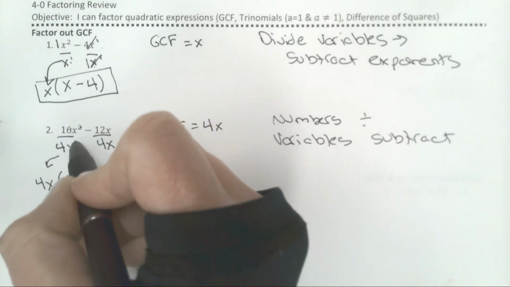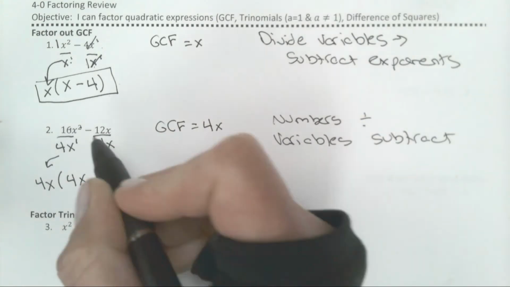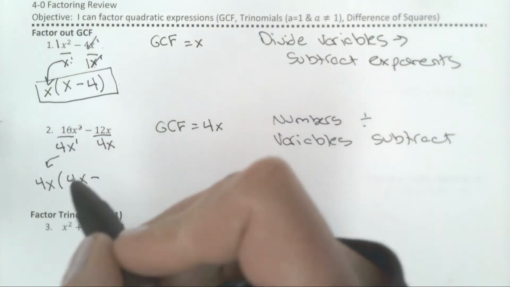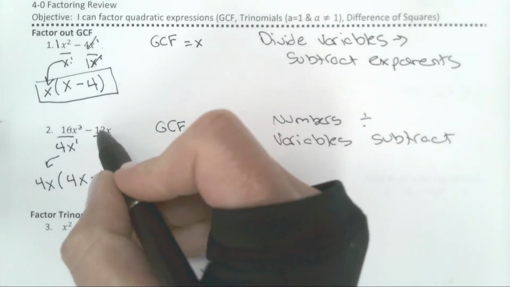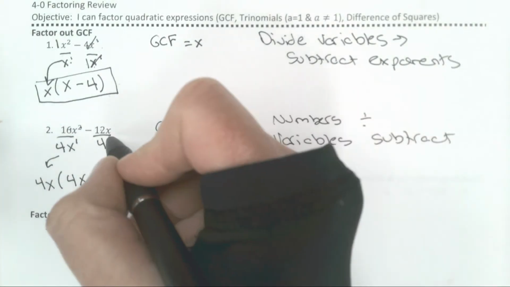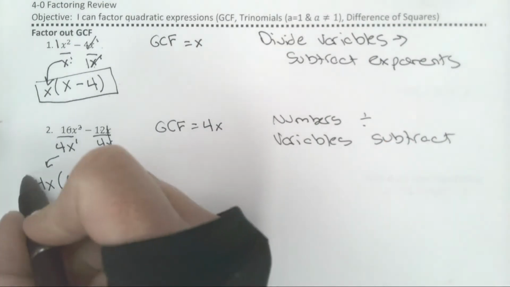X to the second divided by x to the first, so you go 2 minus 1 is 1. Bring down your subtraction sign. Do it again for this part. 12 divided by 4 is 3. And your x's cancel each other out.